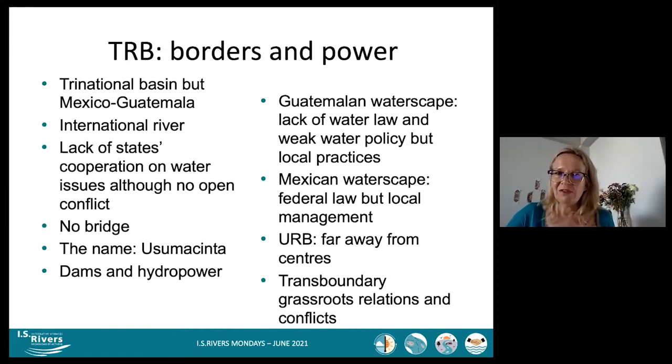It's also important to mention that along the Usumacinta, the name Usumacinta is a Mexican name. And in Guatemala, when we use the word Usumacinta, it doesn't talk about the river basin. They use another name.